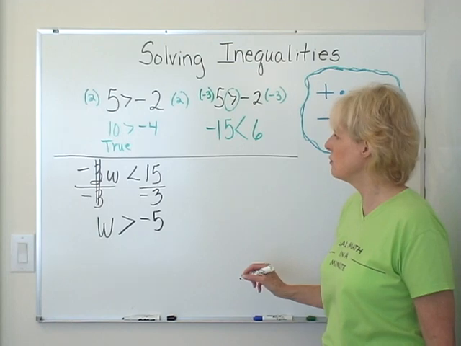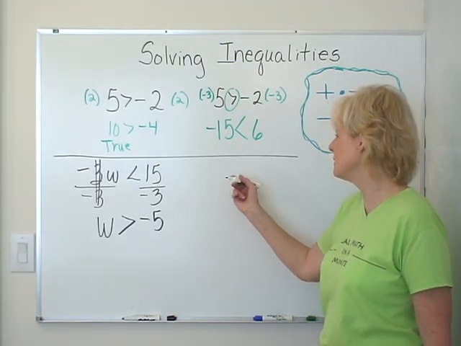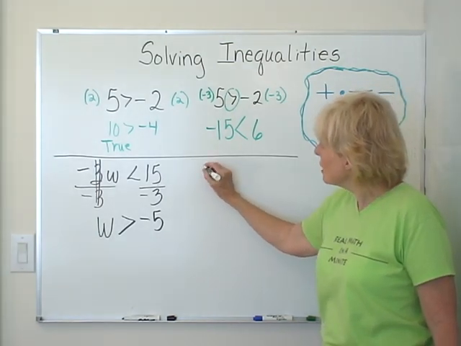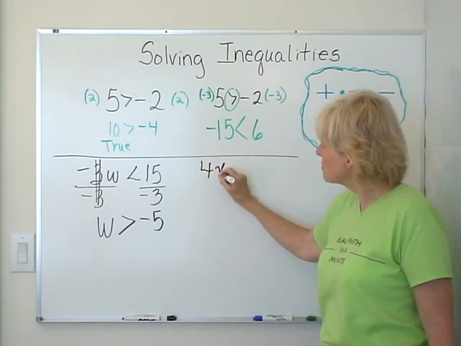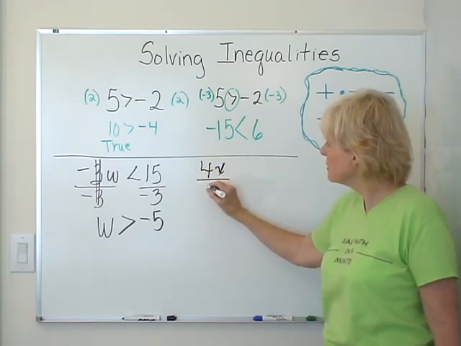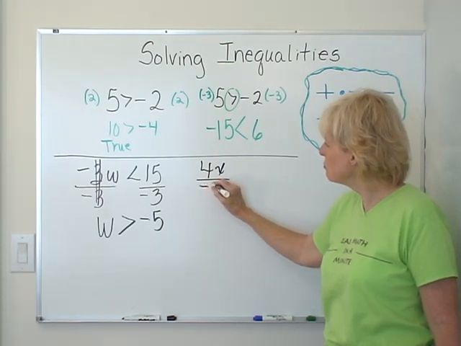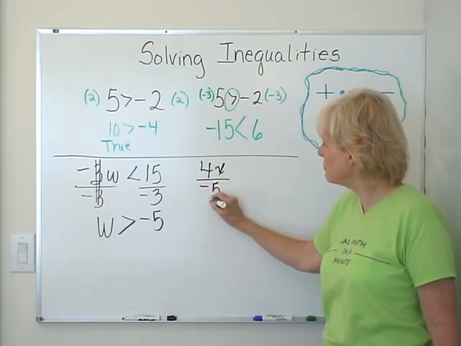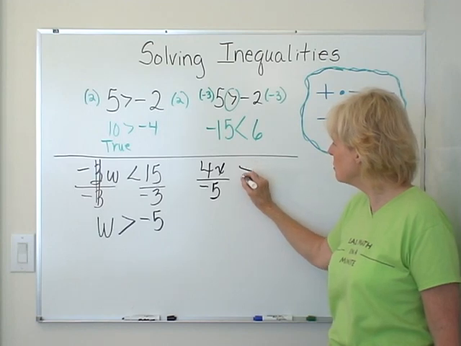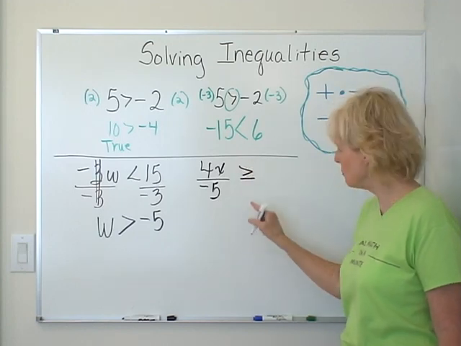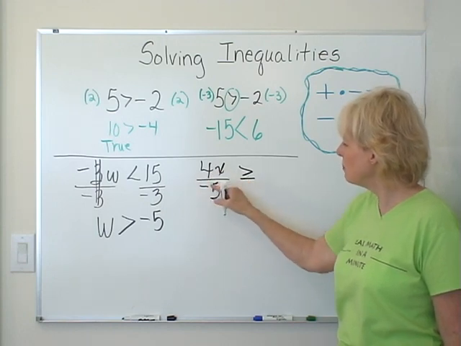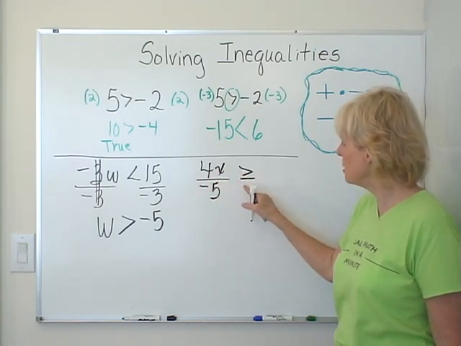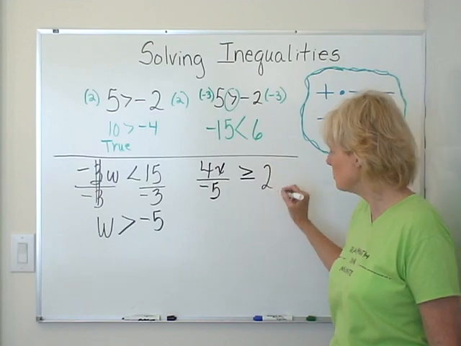Okay, let's try another one. Let's say we've got 4x divided by negative 5, and let's say this time that is greater than or equal to, that's what it means if you have an equal sign down there. 4x divided by negative 5 is greater than or equal to 2, let's say.